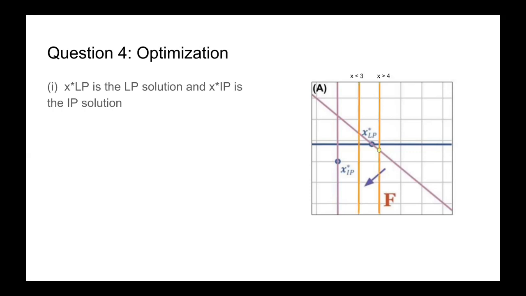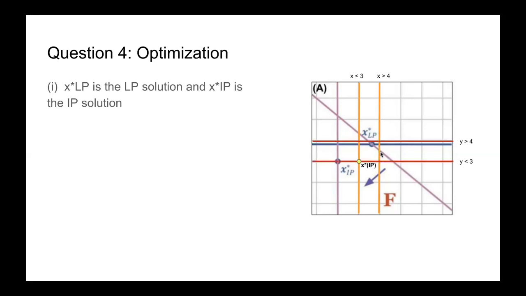Let's say we branched on the X domain first, assuming the horizontal axis is X and the vertical axis is Y. Then our branch and bound would lead us to this right branch here, X is greater than or equal to 4. Sorry, I think that's a typo. The corresponding solution returned with this extra constraint would be at this yellow dot.